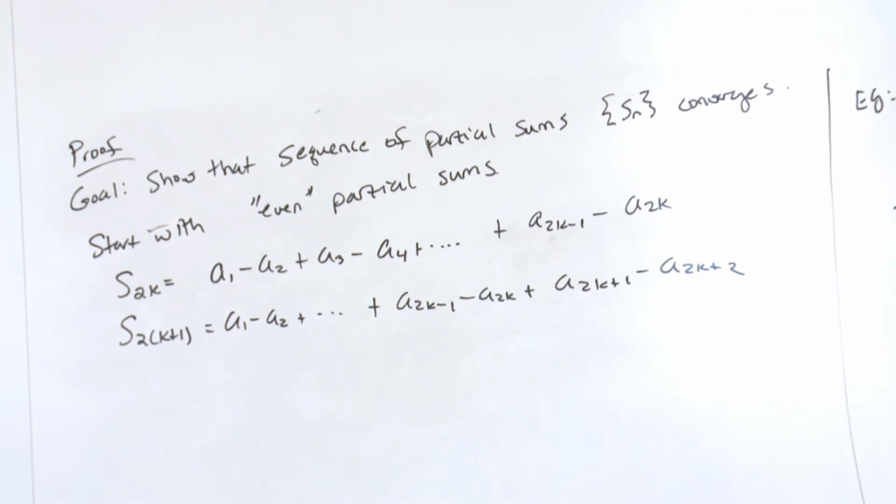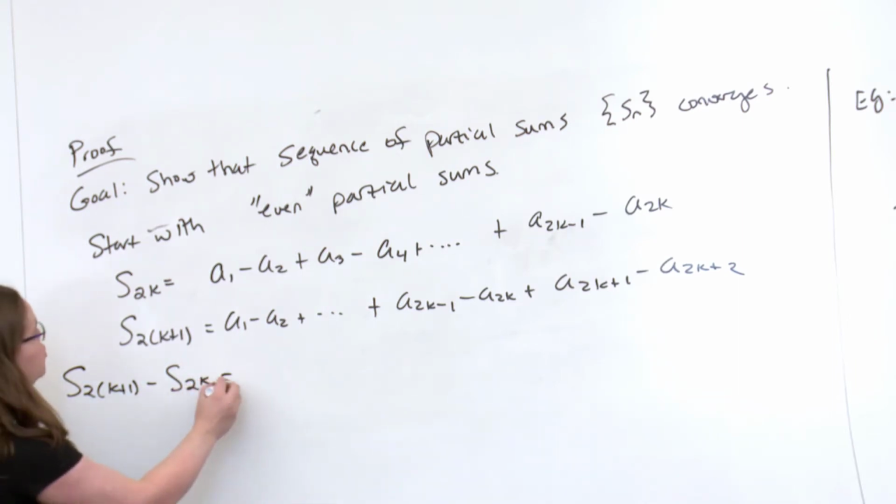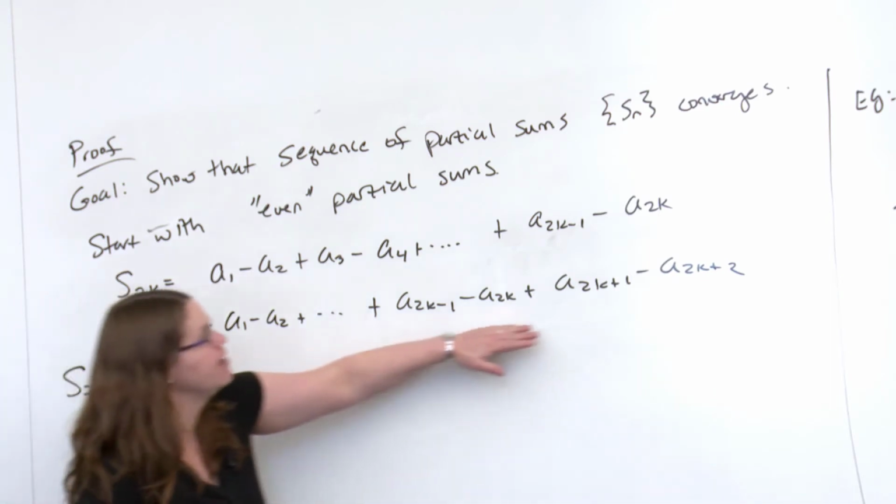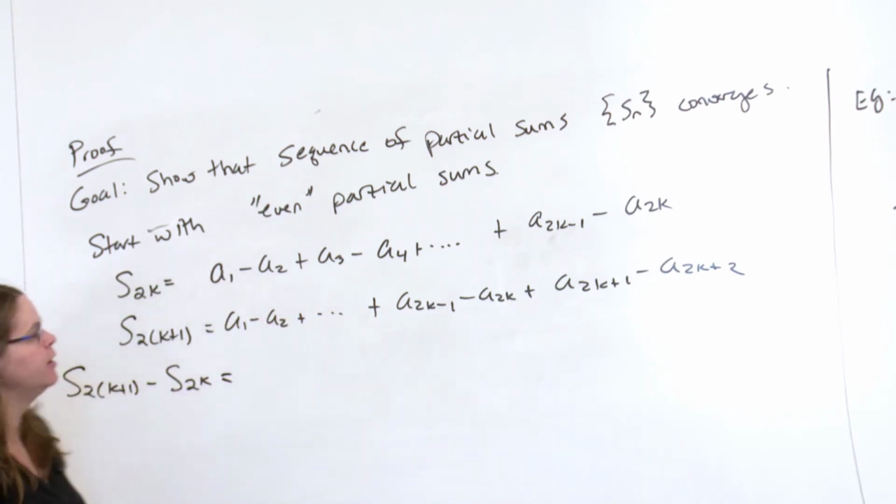All right, which one of these numbers is bigger? You think the upper one is bigger? You think S_(2k+1) is bigger? Well, let's look. The easiest way to tell if something is bigger than the other is just to take the difference between them, and then the sign of this will decide which is bigger. So if we subtract these, we're going to mostly get cancellation except for these last two terms here.